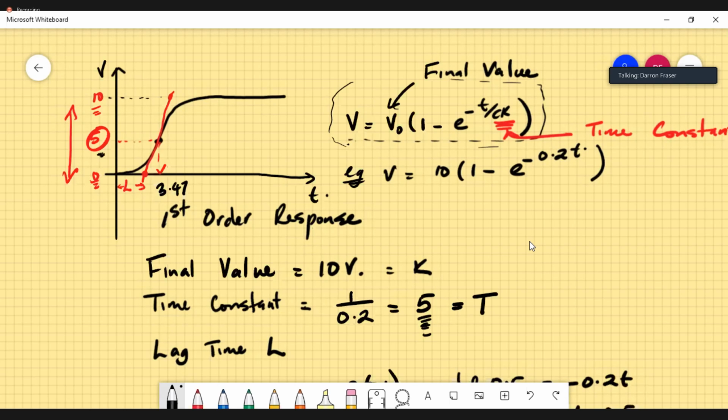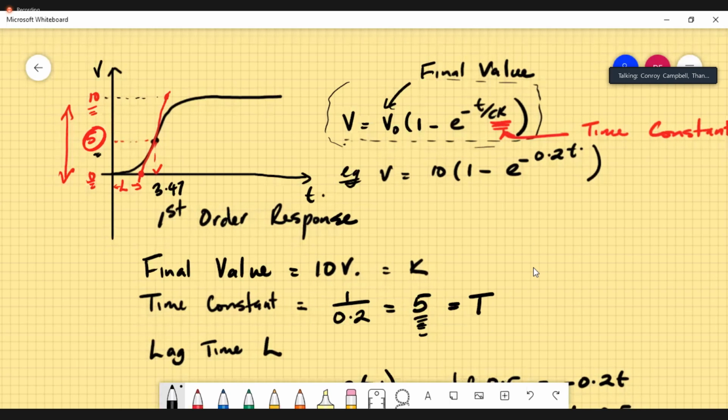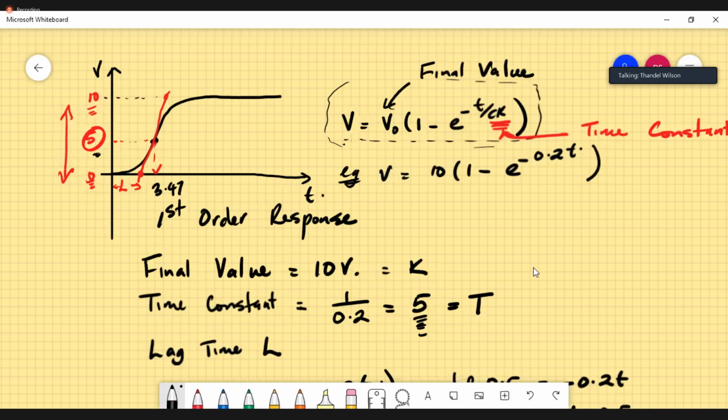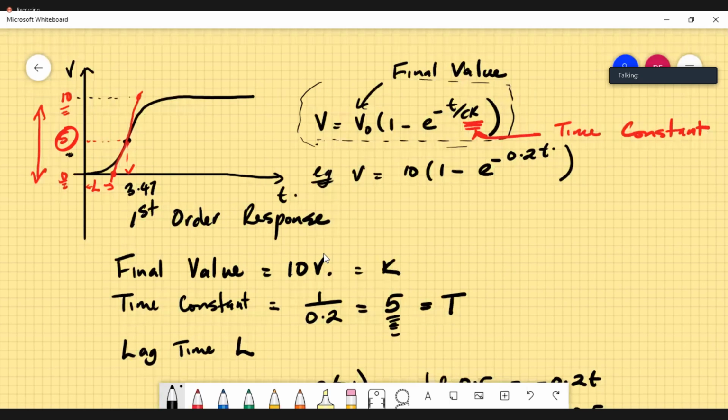Now that we're thinking about it, if it's 0 to 10, the time constant is 63% of the final value. We work that out, so it would be 6 point something. But that would be the time it takes to reach the value. 63, right. Oh, all right.